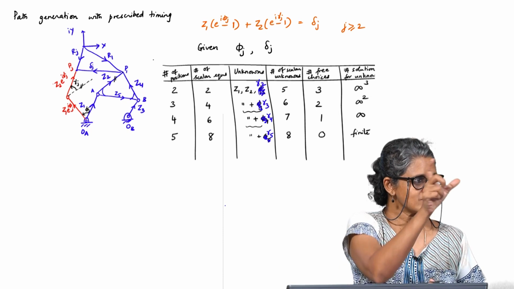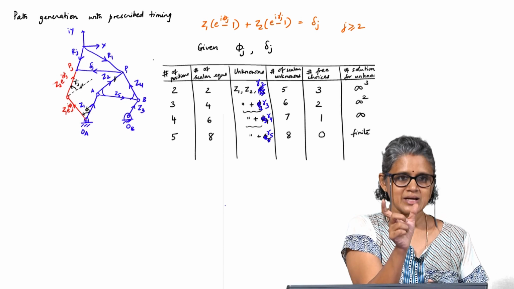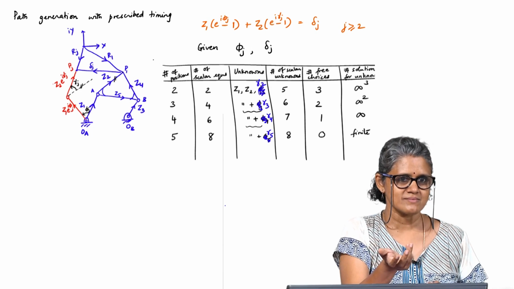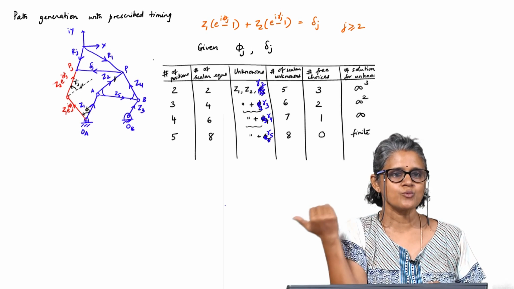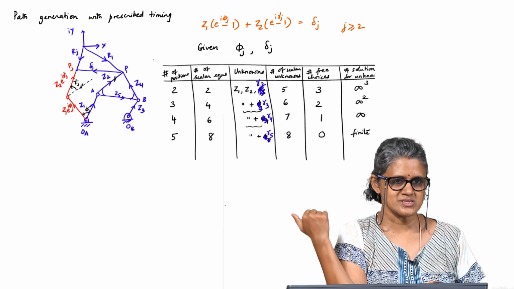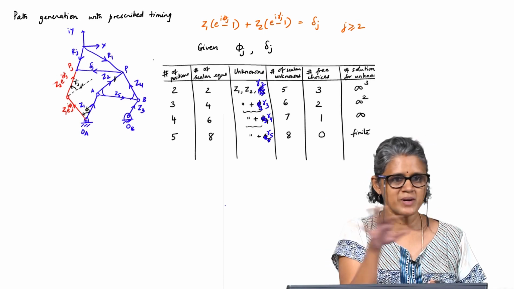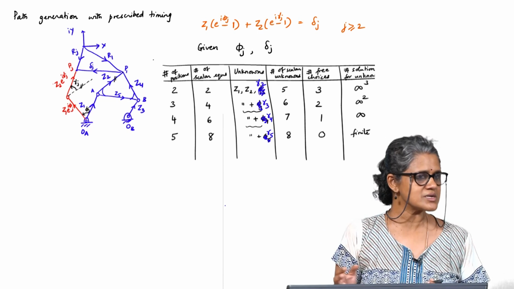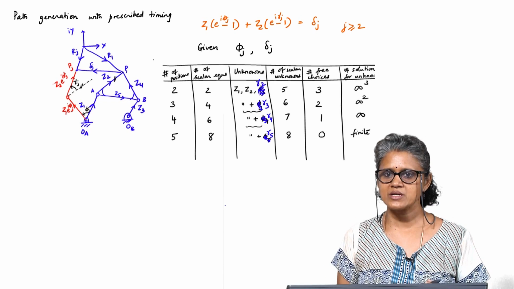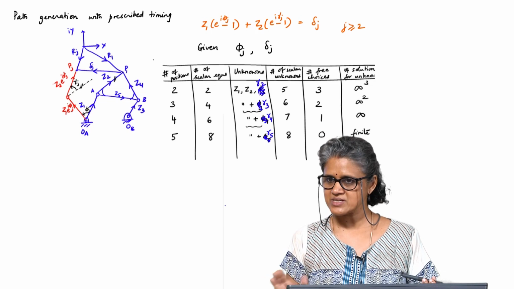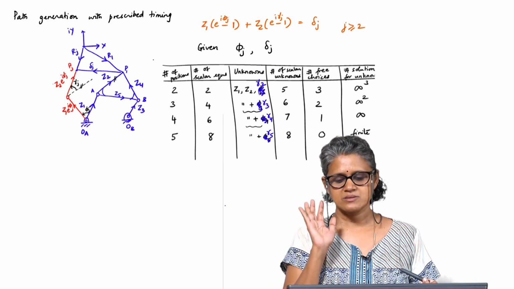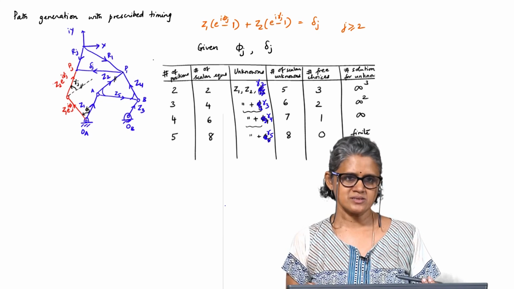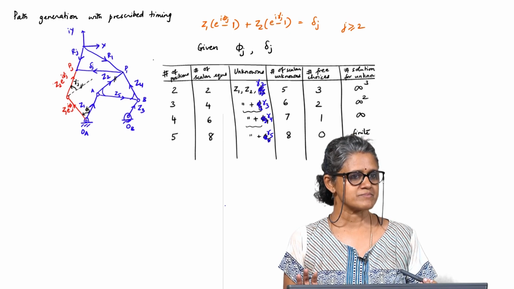If in the 4 bar you are looking at the coupler, its position and orientation, then you call it a motion generator. Same 4 bar, depends on what you want it to do, and you synthesize it accordingly. The 4 bar still retains all these relationships. There will be points on the coupler which will follow certain paths. The coupler will have certain orientations. Input and output links will have certain angular relationships. So the classification is entirely based on what you as a designer want. Still a 4 bar. Okay.